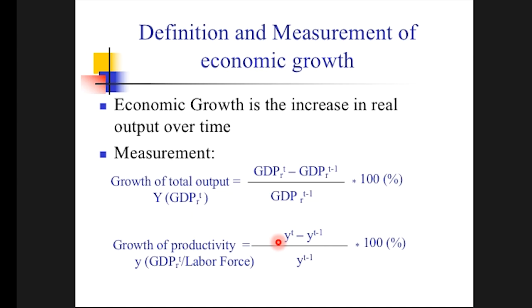The increase in productivity is more important because when real GDP increases, the increase in GDP may be lower than the increase in population. That will lead to a reduction in living standards. So if we want higher living standards, we need higher productivity. The growth of productivity is more important than the growth of total output.